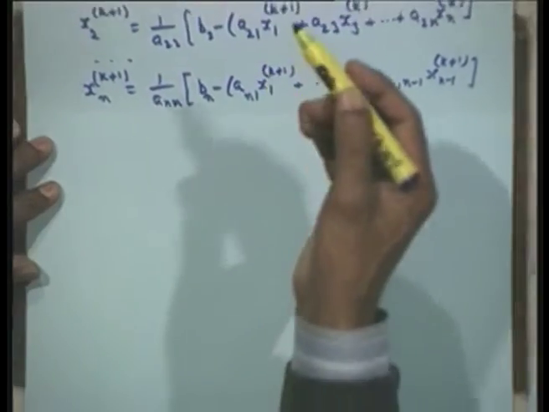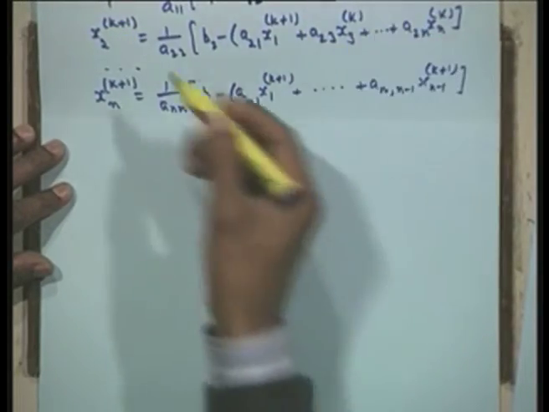What I will do is retain all the current iterates on the left hand side. So, I will bring everything to the left hand side and write this equation. Let us rewrite the first equation.